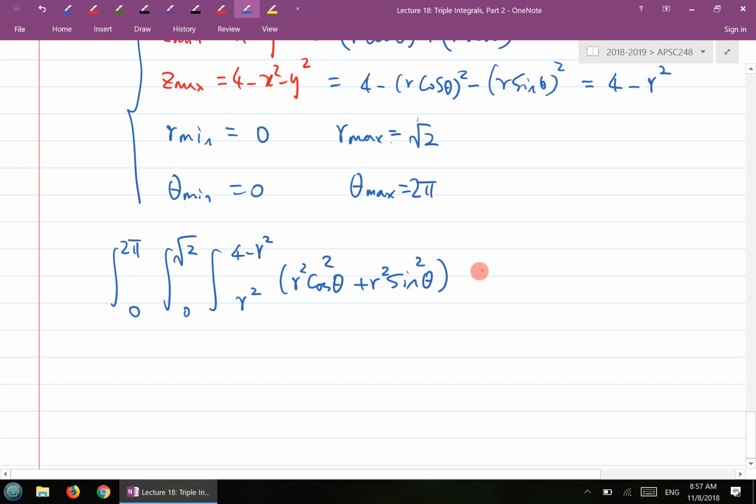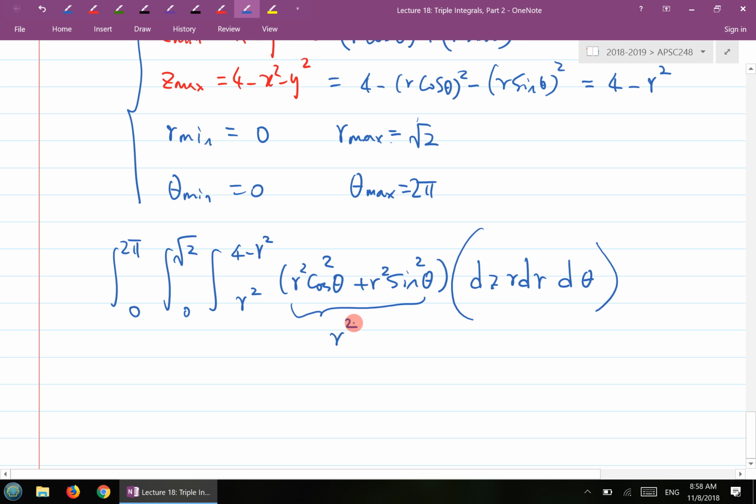And dV is changed to dz r dr d theta. Right, that's the order. This r here is due to the Jacobian calculation, so don't forget the additional r. This together here is another r squared. So there's a lot of r here.